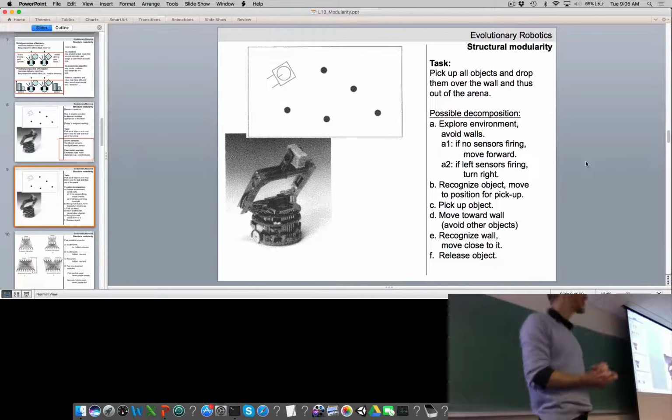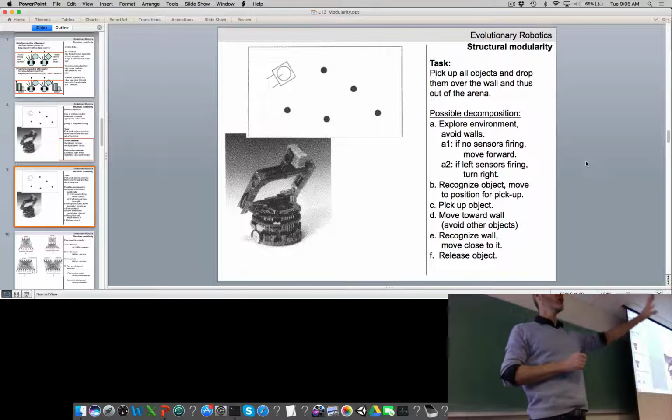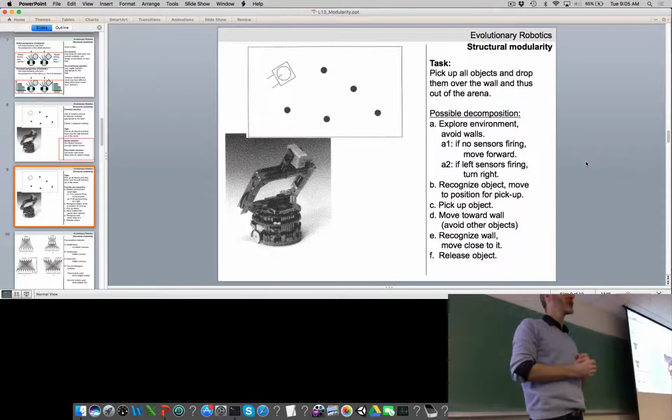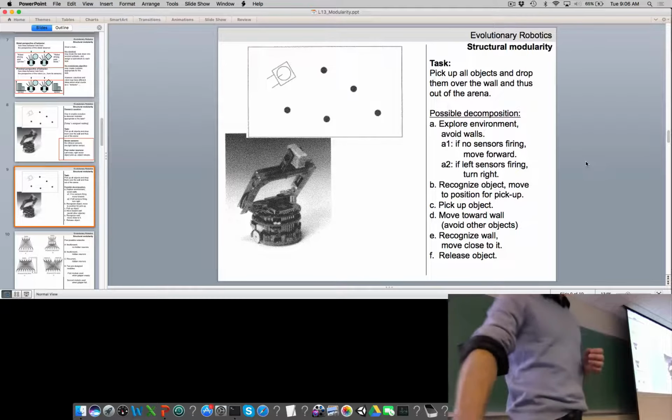Is evolution going to say, all right, robot is going to do this kind of thing when it's holding a sugar cube, and it's going to do this other kind of thing when it's not holding a sugar cube? That seems like kind of an obvious way to break this problem down from our point of view. Clearly, it should do different things whether it's holding a sugar cube or not, but that doesn't necessarily mean that evolution is going to find it equally intuitive. So let's see what evolution does.